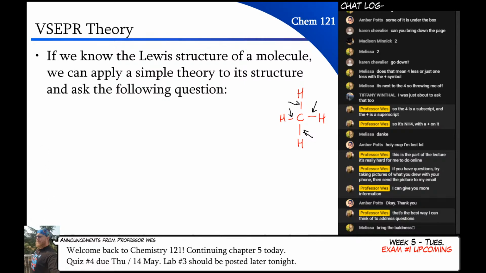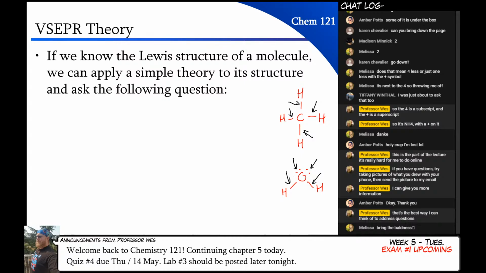Now, if I drew another molecule, say water. Water is H2O. And that looks like this. And I asked you, where are the electrons in water? You could say, well, there's still the bonds. But there are also these pairs of electrons here.